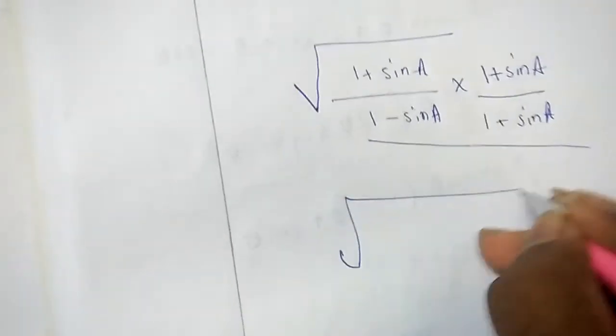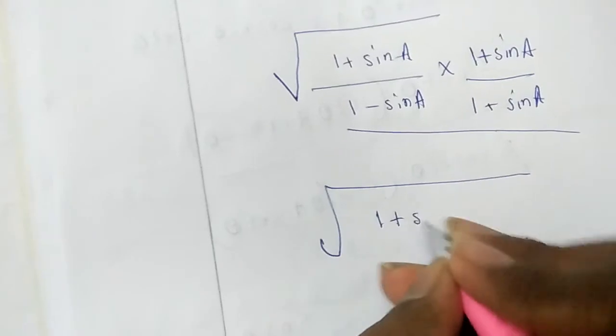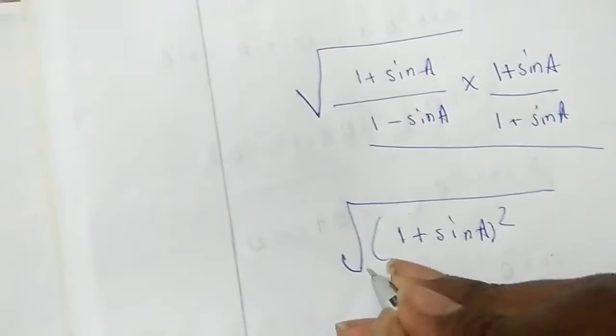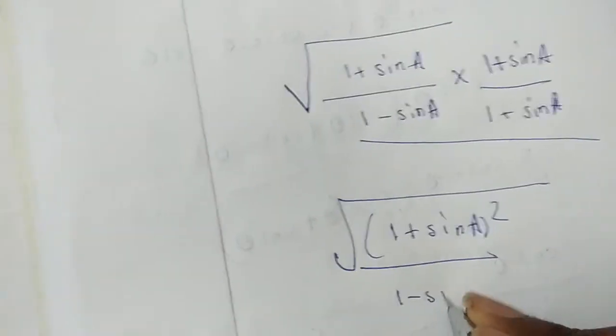Now it is looking in the form of a minus b into a plus b, that is a square minus b square. So write it in that way. So it will become 1 plus sin a whole square by 1 minus sin square a. Now change this one as cos square a. Why?